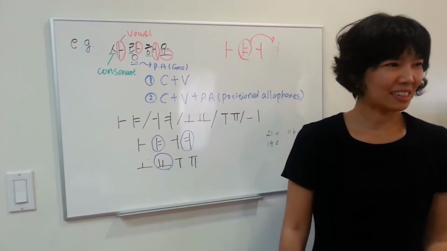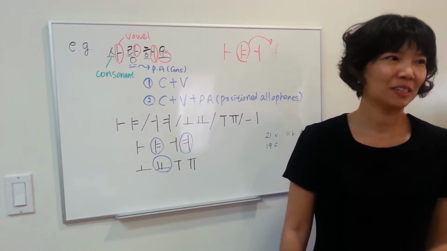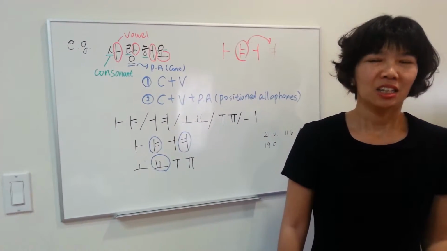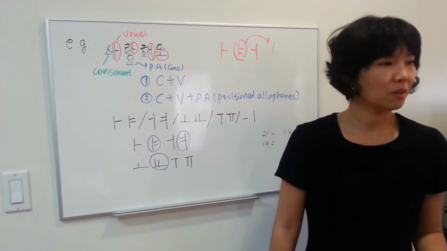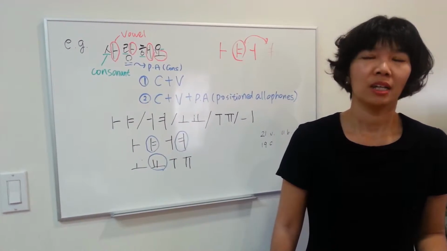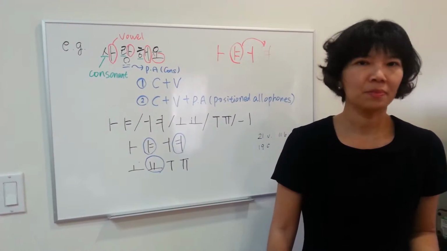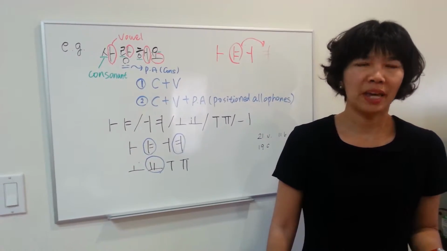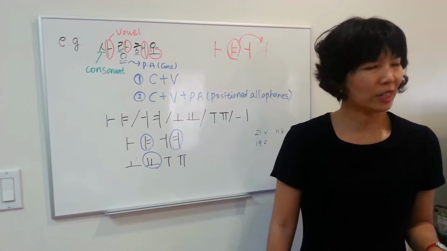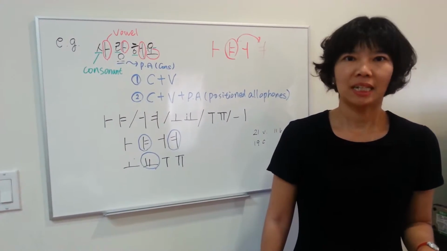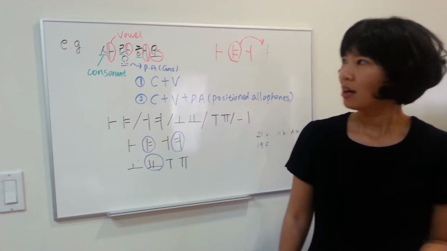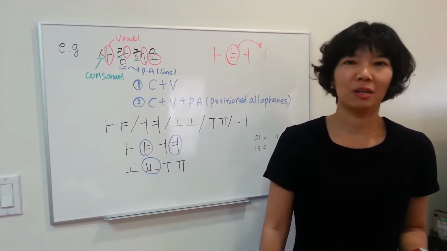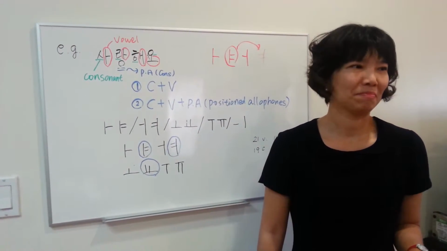The level of this class is beginners, and the course objective is to introduce Korean basic phonemes and the phonology system, and then to benefit the students to read and write basic Korean words. From now on, I'm going to demonstrate my class.